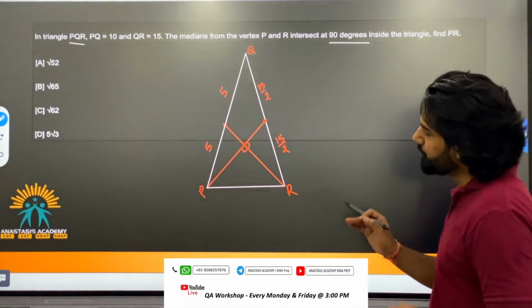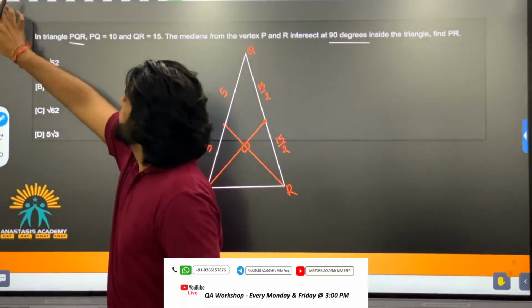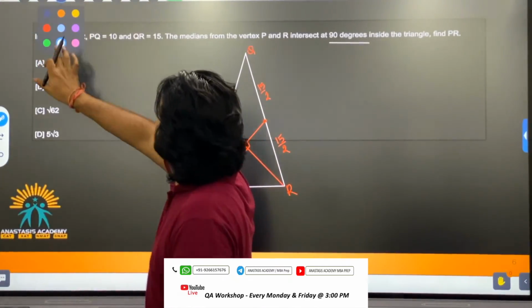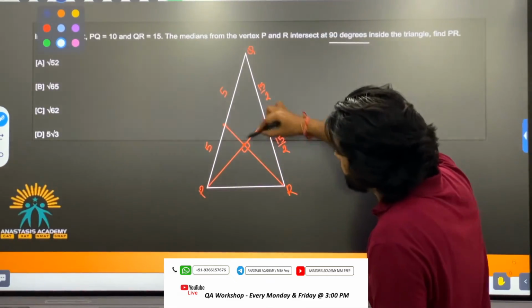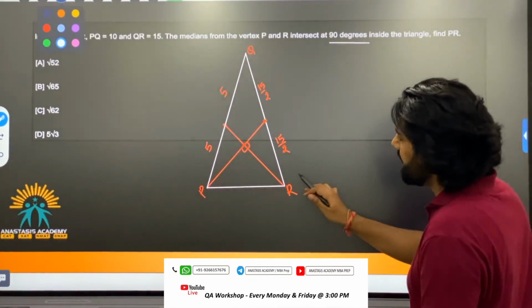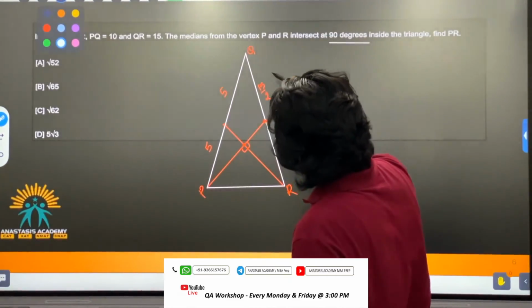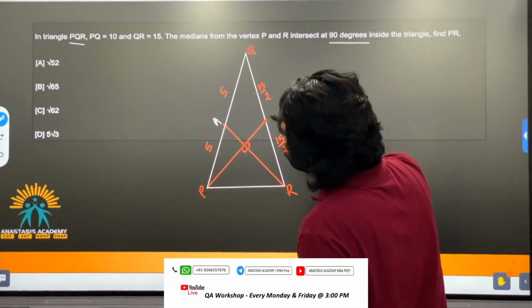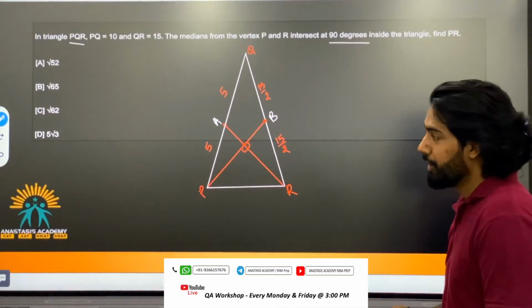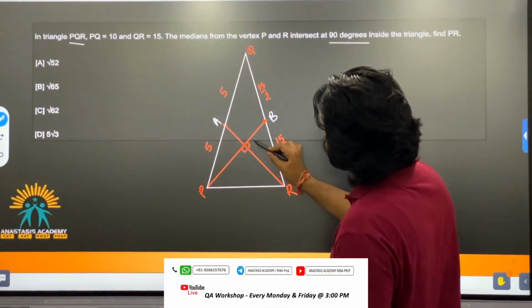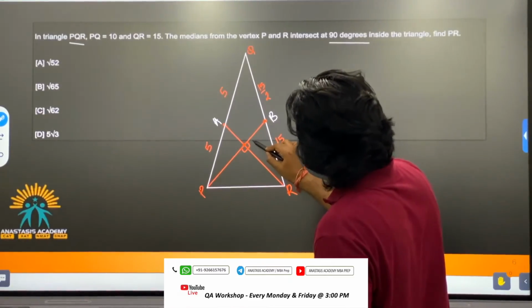Let's call this point A, this point B, and they intersect at this point, let's call it O.